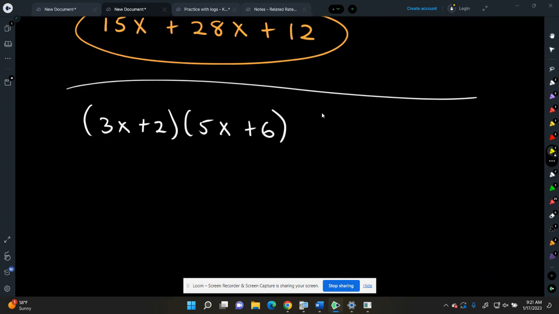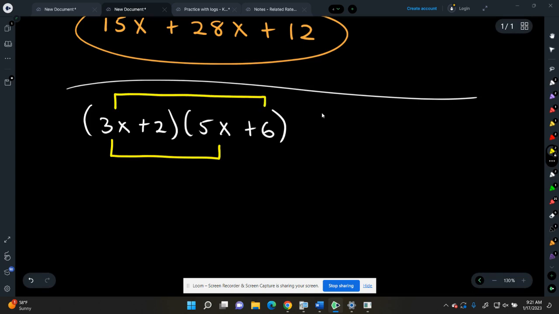So that means we take this first term, this 3x, and we multiply it by everything in the other parenthesis. Right? So 3x times 5x plus 3x times 6.